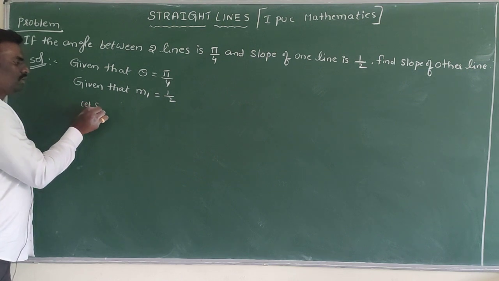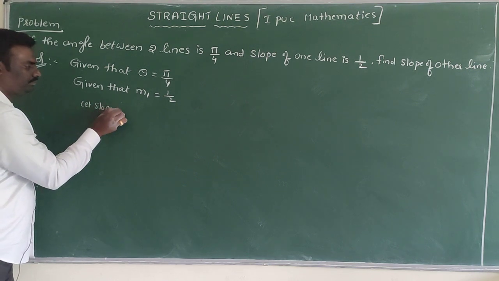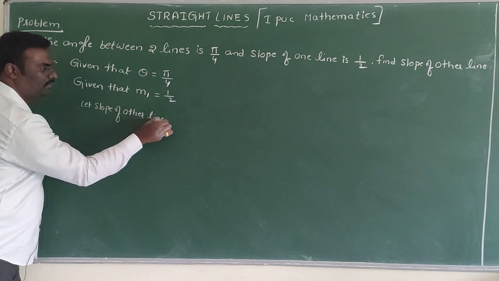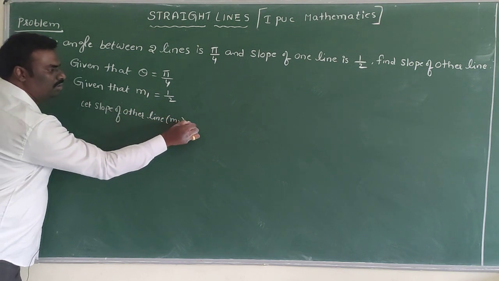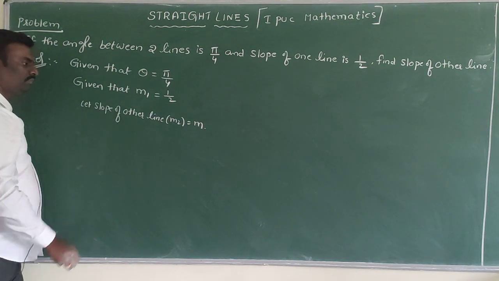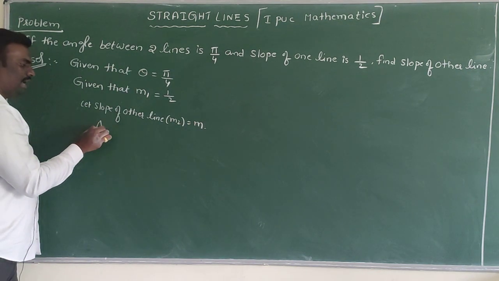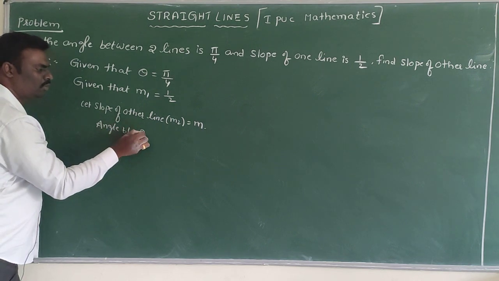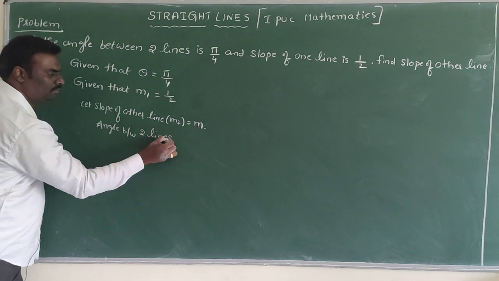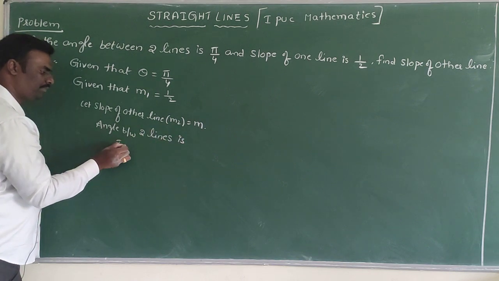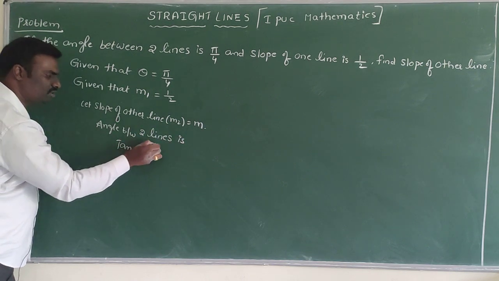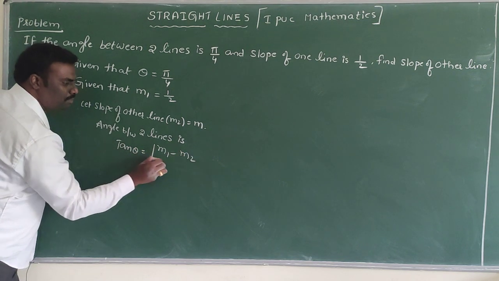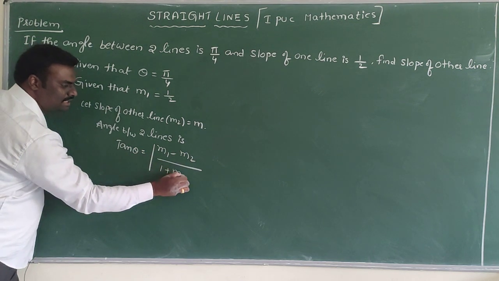Let the slope of the other line be m. So, the angle between two lines is tan theta equal to the modulus of m1 minus m2 divided by 1 plus m1 m2.